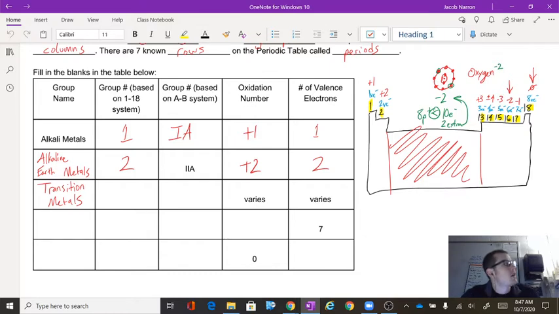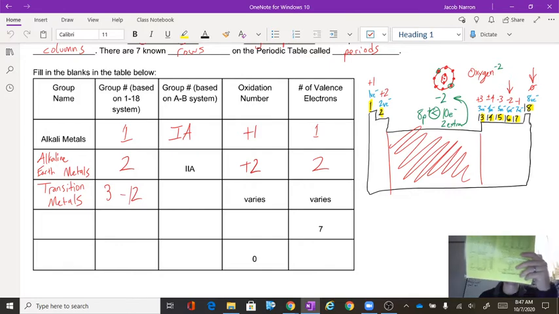Sometimes iron has an oxidation number of +2. Sometimes it has an oxidation number of +3. It just depends. And so the number of valence electrons changes as well. Group number, let's just say this is group number 3 through 12. And the AB system is going to be 3B through 2B, technically, if you look at the way that it's written on the periodic table.